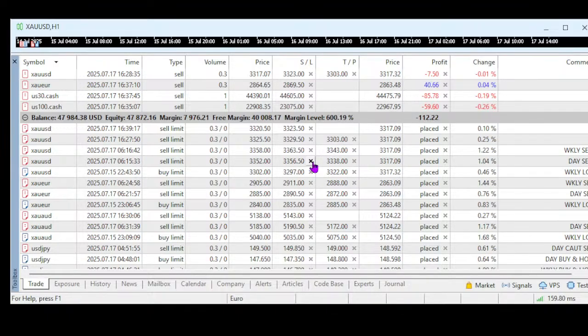For those of you who have just joined in, we have opened 4 trades: gold US sell, gold euro sell, then Dow 30 cash sell, and Nasdaq 100 cash sell, and we are going for an additional entry for this.